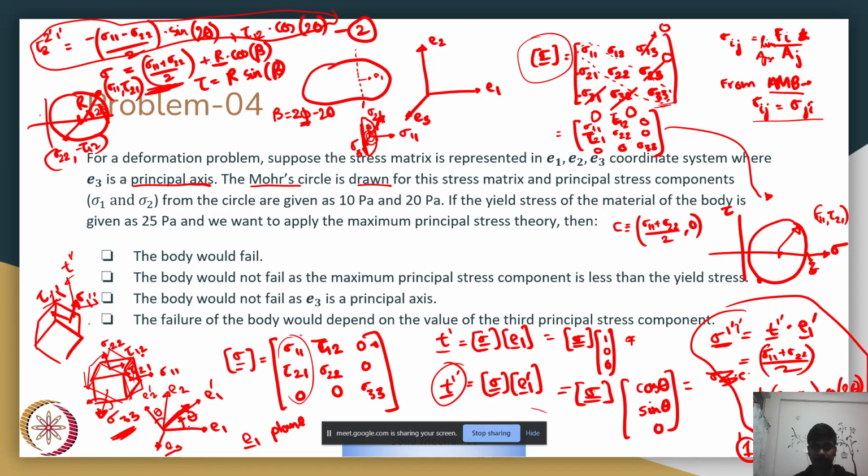You can rotate this theta, have it at 5 degrees, 105 degrees, 245 degrees or 310 degrees, and you can still simply use your Mohr's circle and determine sigma and tau on that particular plane. It's a very easy method, but it requires that your E3 must be aligned along one of the principal axes, which is what is given in this problem as well.